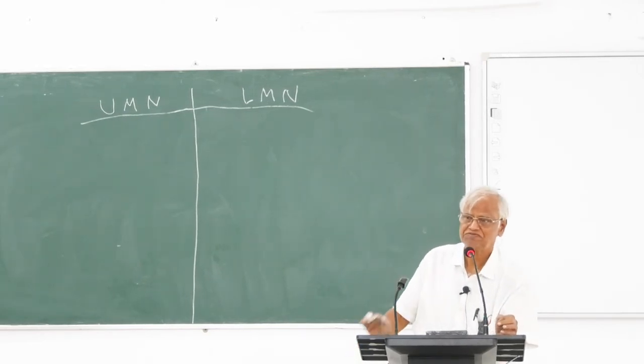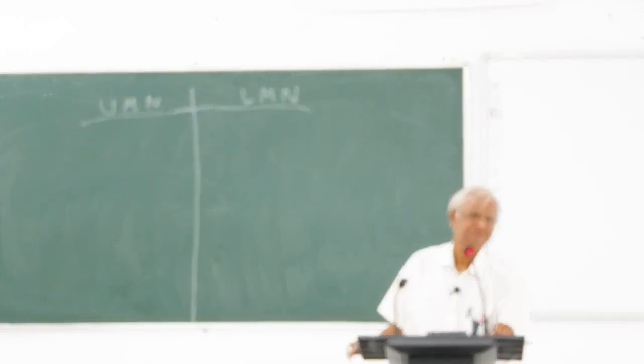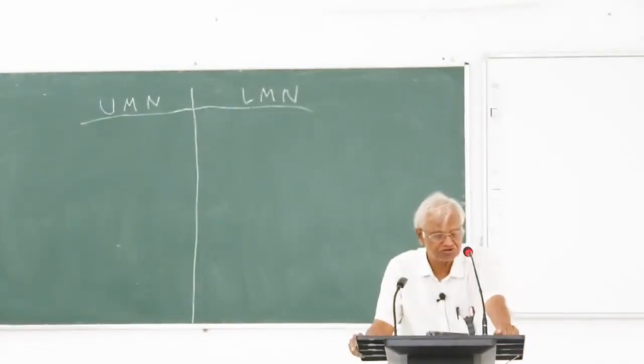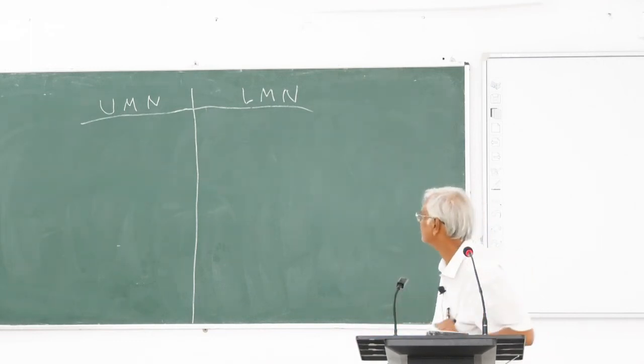So, if there is a lesion of the motor tract, if you cut the spinal cord, definitely there will be lesion of both sensory tracts and motor tracts. But we are now talking about motor tracts. If there is a lesion of the motor tract, it may be upper motor neuron or lower motor neuron. But what is upper motor neuron or lower motor neuron? Upper motor neuron means upper motor neuron lesion, better called.